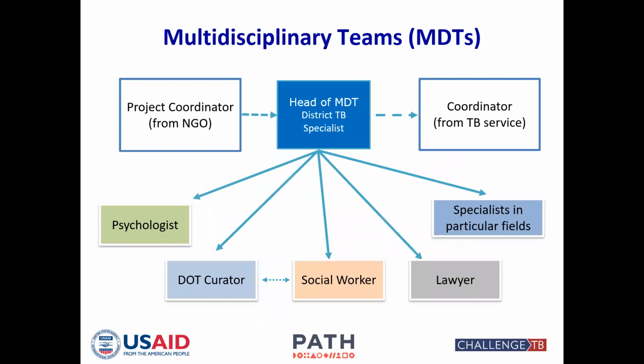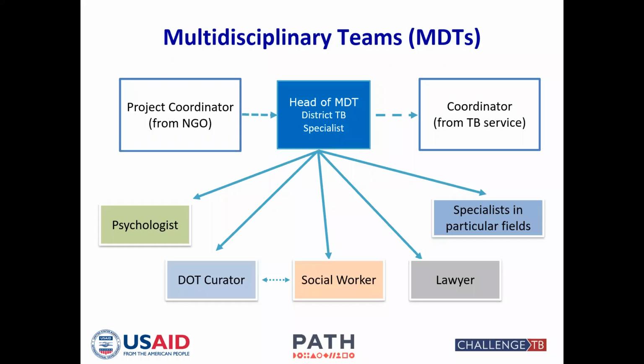On this slide, you can see the basic structure of the multidisciplinary team. The team is led by a RIAN or district TB specialist, a TB doctor, who determines case management tactics and is responsible for the treatment result. Key team members are also the DOT supervisor and social worker, and you can see how they are connected, because they need to communicate on a daily basis.